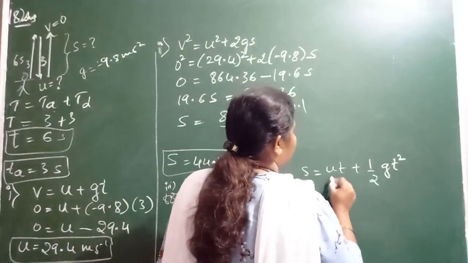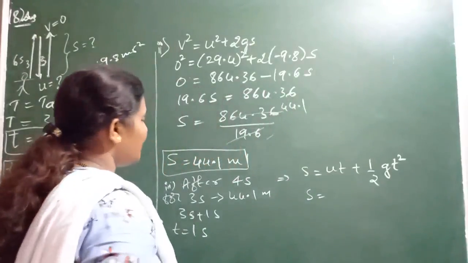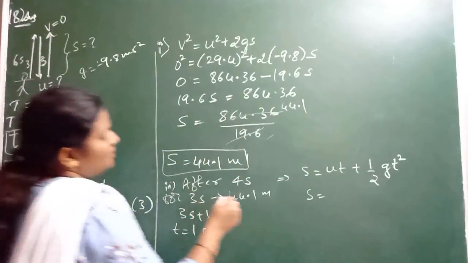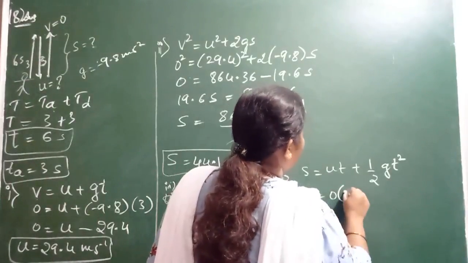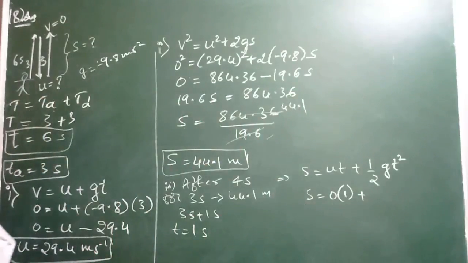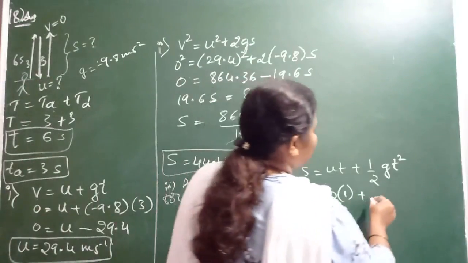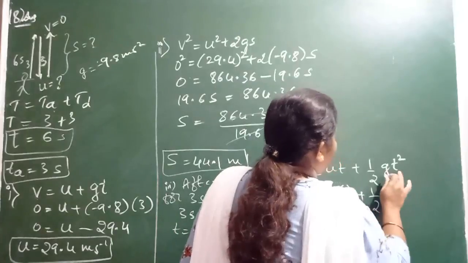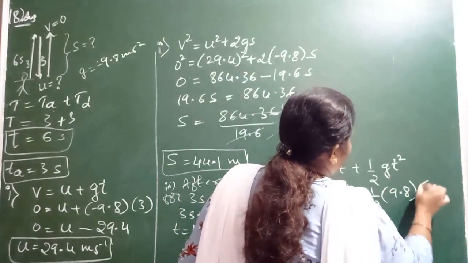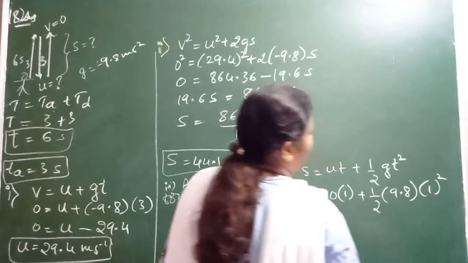So S equals, what is the u value, children? 0 into 1, because its initial velocity at that moment will be 0, plus half, what is the g value? 9.8 into 1 square.